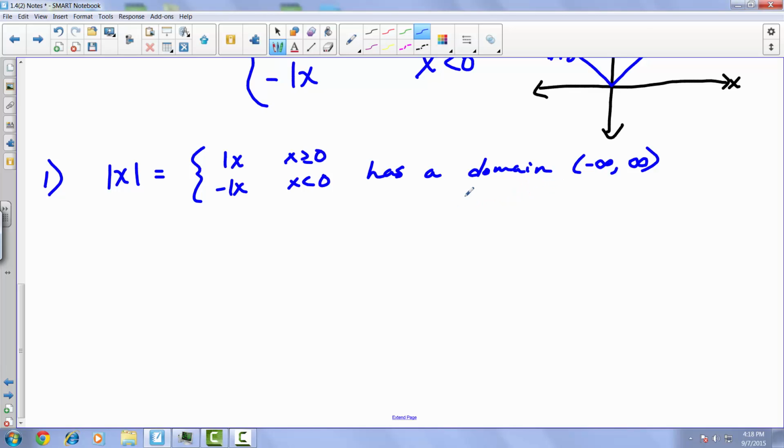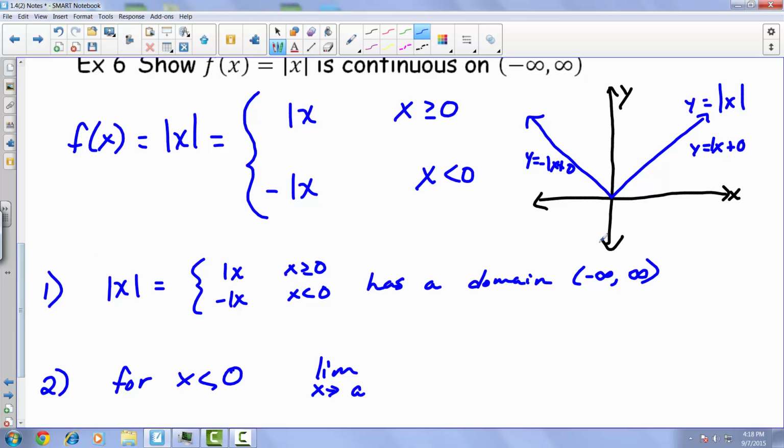Now let's take a step back and look at this piecewise function individually. So this is for criteria 2, for x's being less than 0, then we have the limit as x approaches a. But since we're talking about x values less than 0, we're specifically talking about maybe a negative a value.